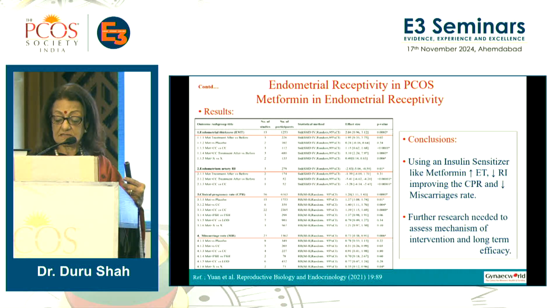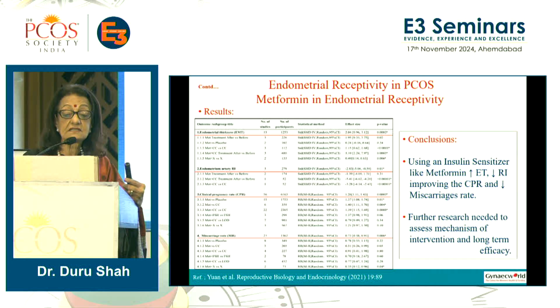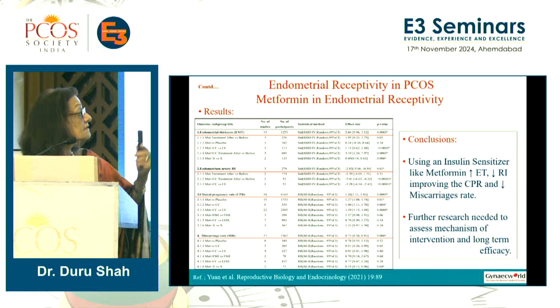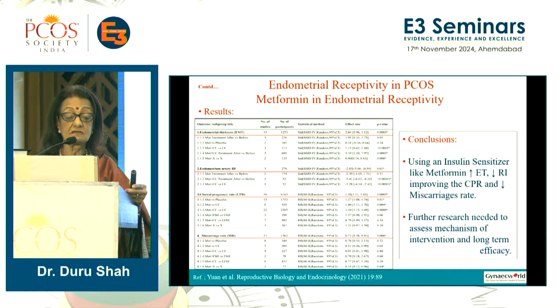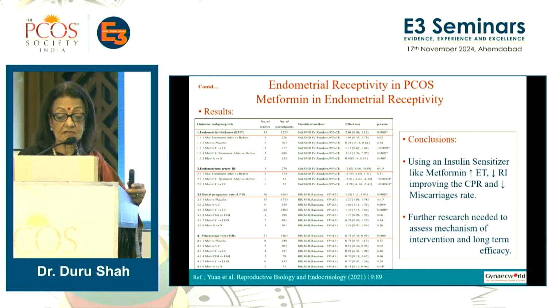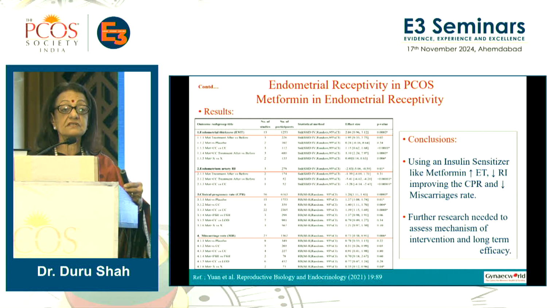Now if you look at this chart, it's a very big chart, but just look at the lines which are marked with red. You see the endometrial thickness statistically significantly increased, the first line. The second line is endometrial artery resistance index, which definitely decreased. So you see the p values. All the p values will show you 0.002, 0.02, everything is statistically significant.